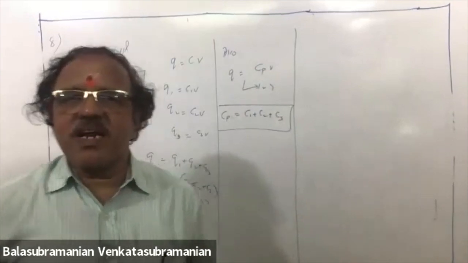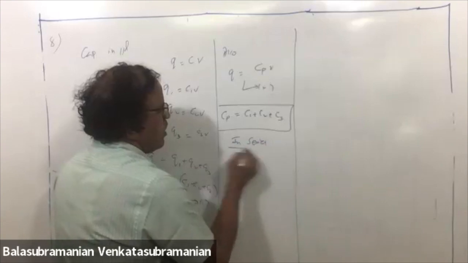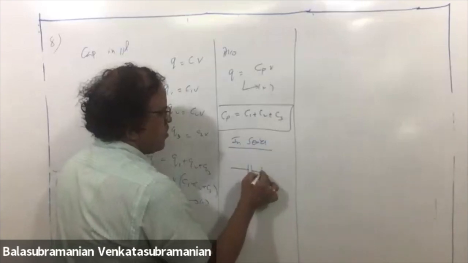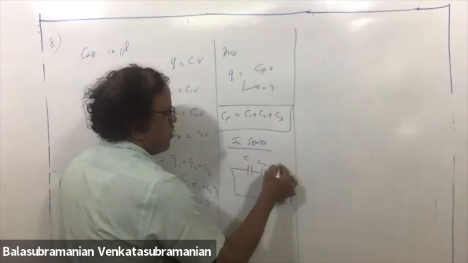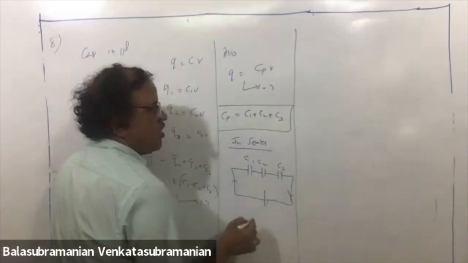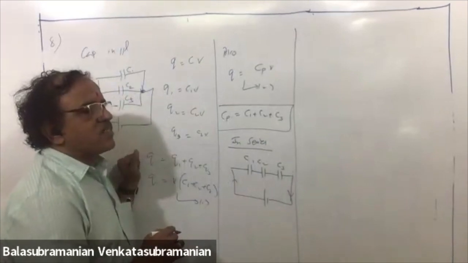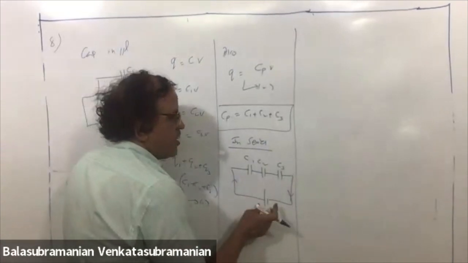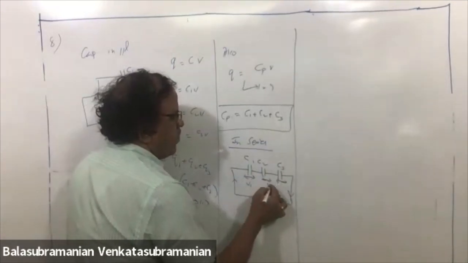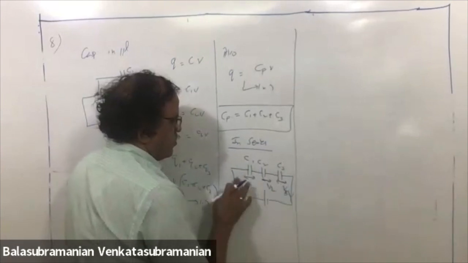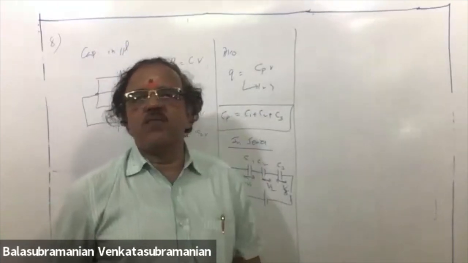When capacitors are connected in series, the charge flowing through the capacitors is constant. The potential that you are giving will be divided here, V1, V2, V3. So charge flowing through will be same.